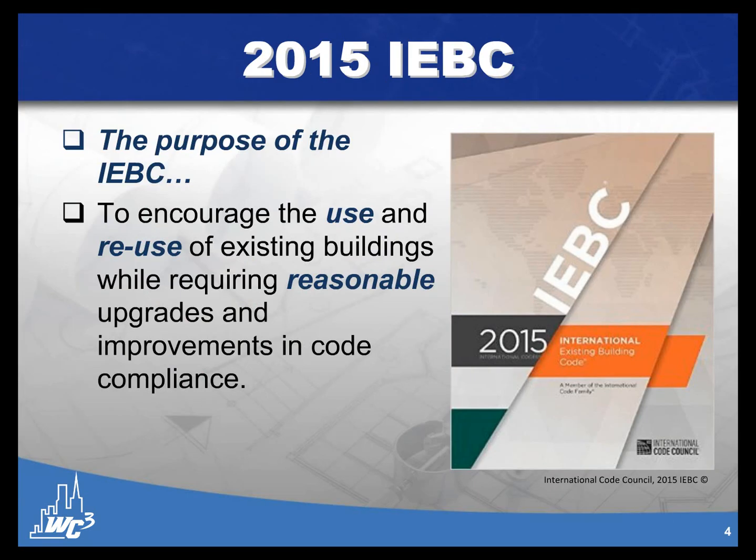So the purpose of the IEBC is to encourage the use and the reuse of existing buildings while requiring reasonable upgrades and improvements in code compliance. It doesn't lessen the life safety requirements per se that you would have out of the building code if you're being fully compliant, but it creates a reasonable approach.